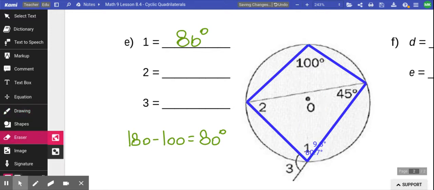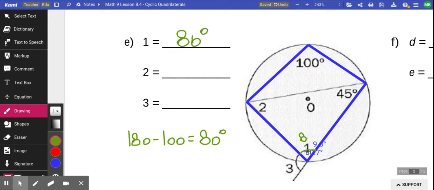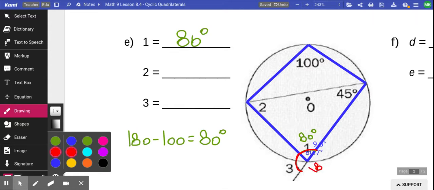Knowing that that angle right there is 80 degrees, I'm going to use my trick that this is a straight line, and the angle on a straight line should add up to be 180 degrees. That means if I do 180 and I subtract the 80 degrees that I do have, it will give me this missing angle right here, which is 100 degrees.